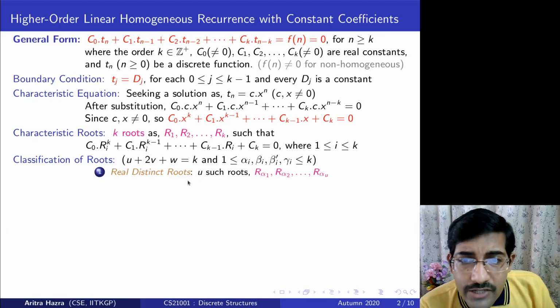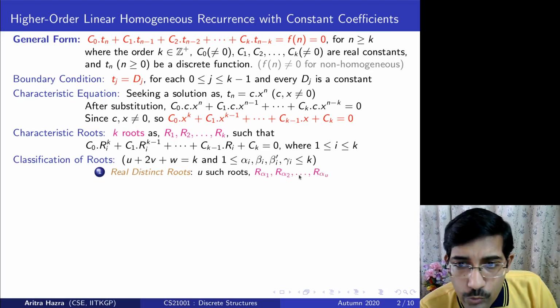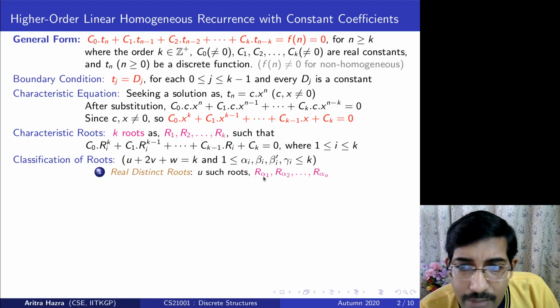For real distinct roots, I denote them as R alpha 1, R alpha 2 up to R alpha u, where each alpha is between 1 and k, because I have R1 to Rk, so it could be any arbitrary index of a distinct root.